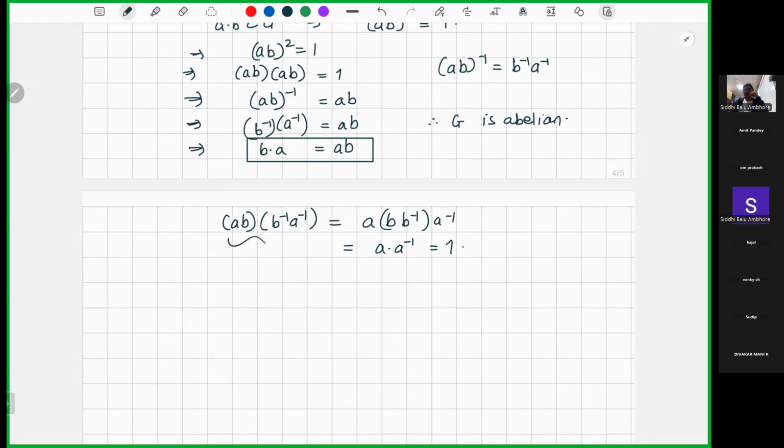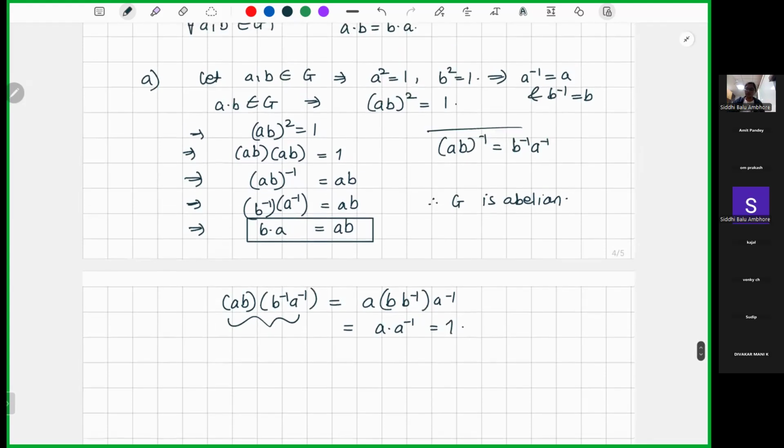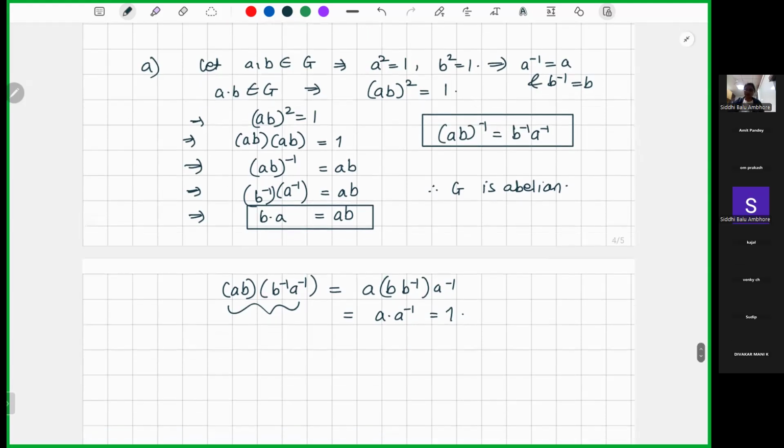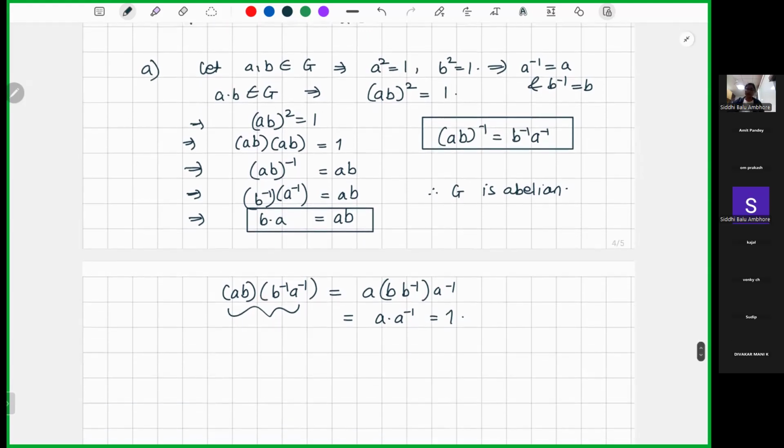So this is always there. This I hope you know. It is an easy verification, you can do this. Any doubts here, like how we proved that G is abelian? If you have any doubt, please let me know.